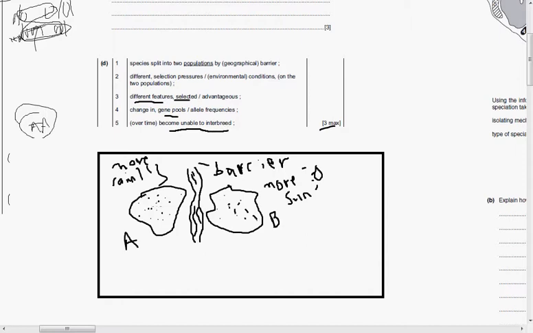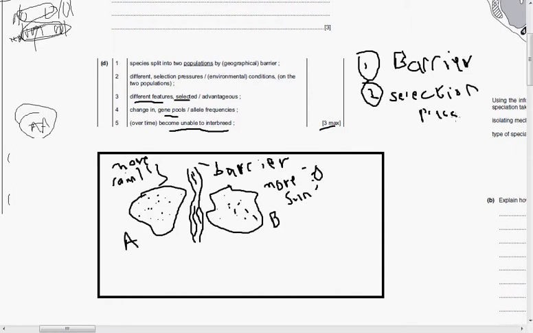So we have five terms to remember. The first thing is barrier. This is geographical isolation, and normally we'll be asked about geographical isolation. The second thing is selection pressure.